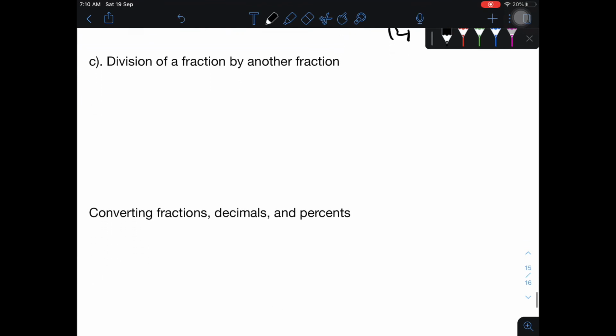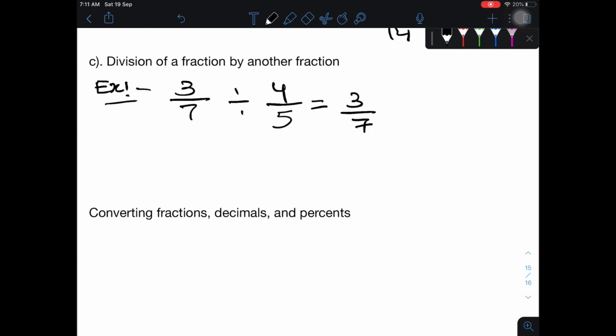Now we are going to learn how to divide a fraction by another fraction. Let us take one example: 3 by 7 divided by 4 by 5. How will you divide it? Do the same procedure. Write the first number, which is 3 by 7, okay, and change the sign from division to multiplication and take the reciprocal of the second number, which will be 5 by 4.